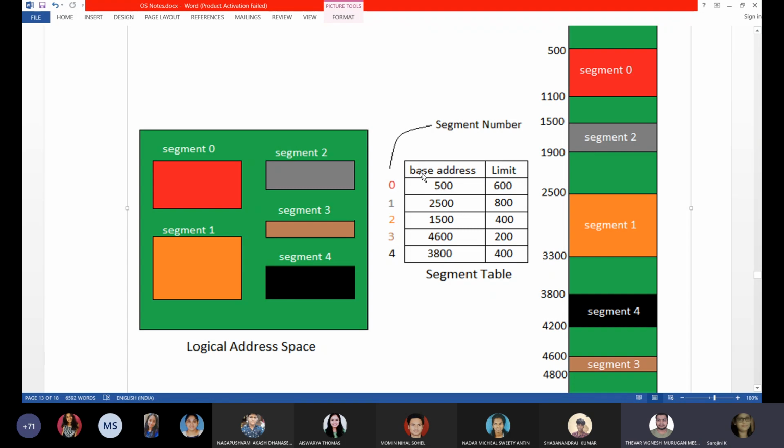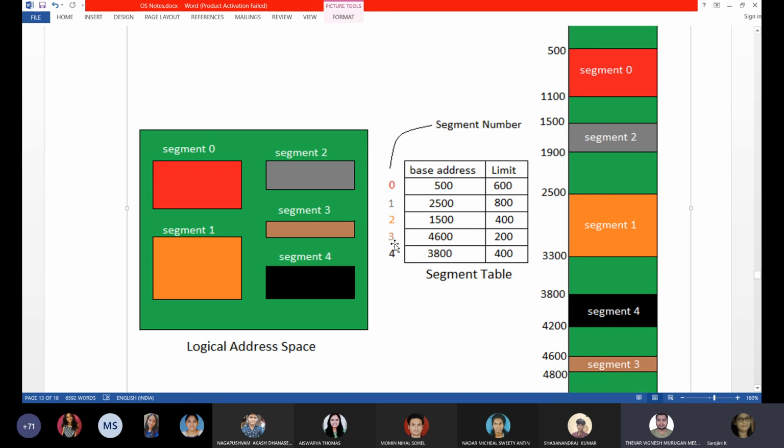In segmentation we have a segment table, but the content of the segment table is completely different. Like the page table had page numbers, the same way here segment numbers will be there: segment 0, segment 1, segment 2, segment 3, segment 4. This is a segment table.